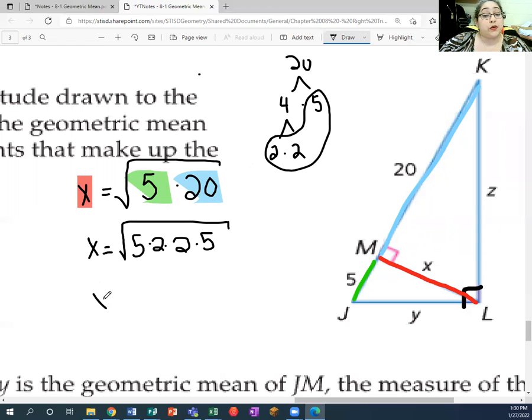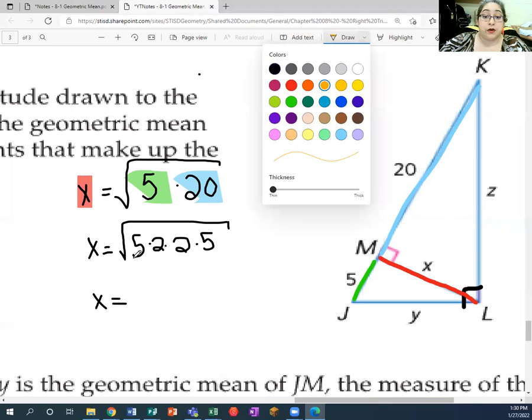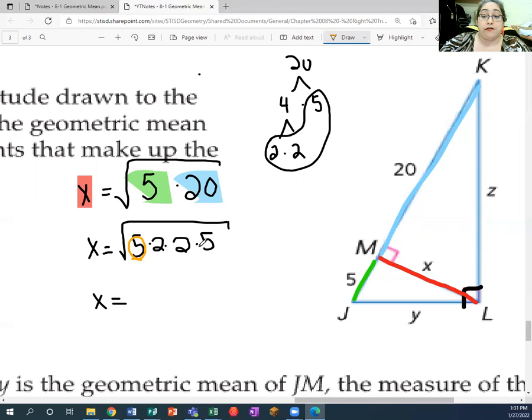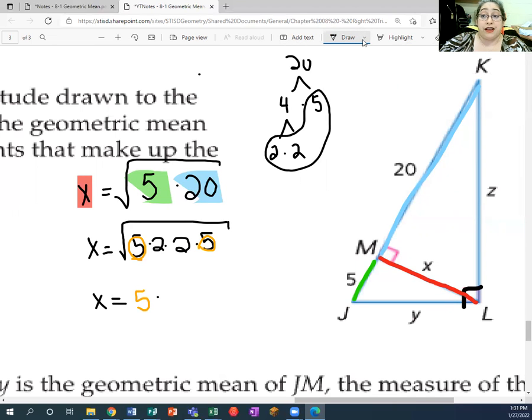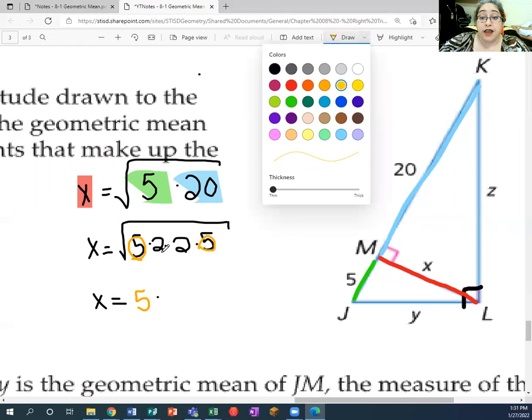Again, thinking about what square roots ask for: square roots ask you to list out the things that inside of me I have a pair of. Taking a look at what's inside of the square root, I see that I have a pair of 5s. So I'm going to write 5 on the outside. And that's going to get multiplied to whatever I can find a pair of next.